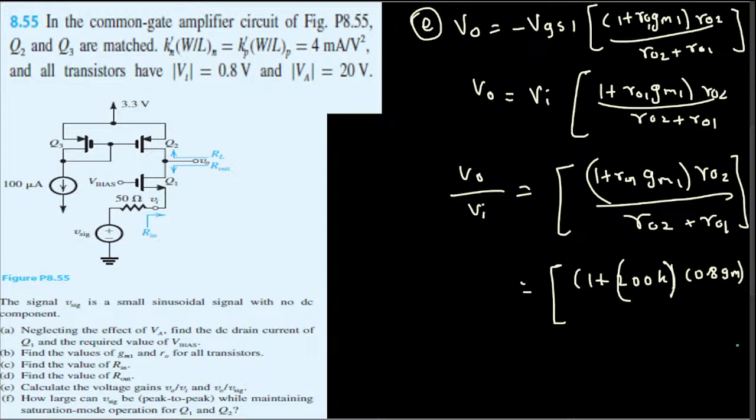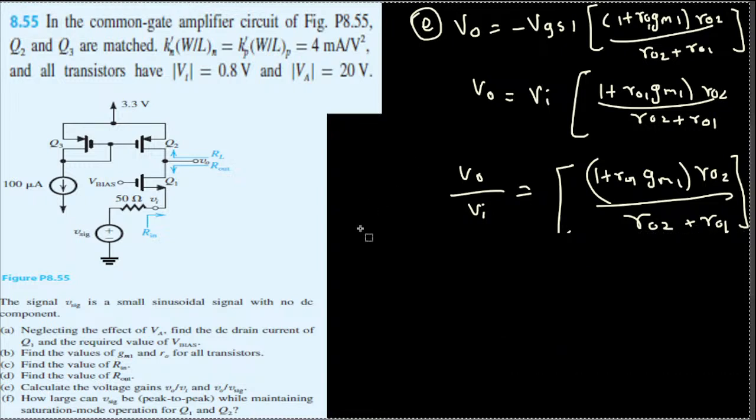I need some space, so I'm going to move this a little bit over here. So 1 plus, instead of RO1 we put 200K, and instead of GM1 we put 0.89 milli.